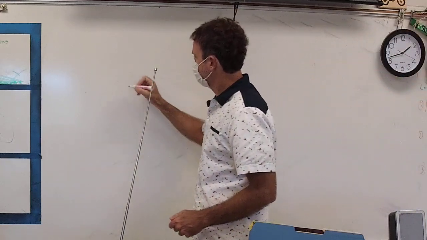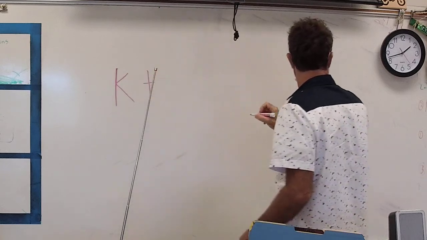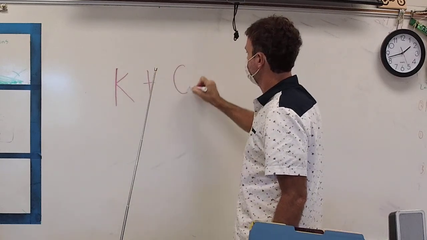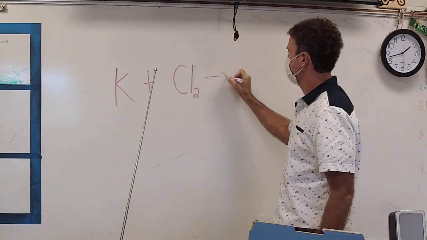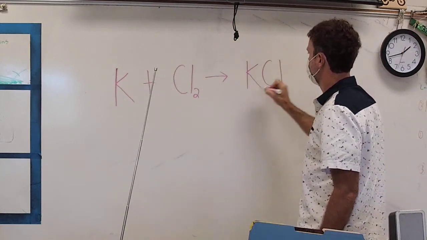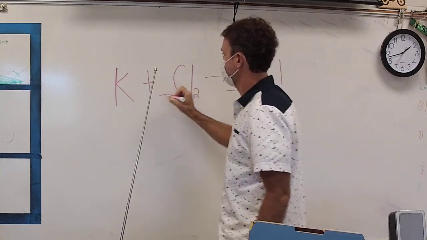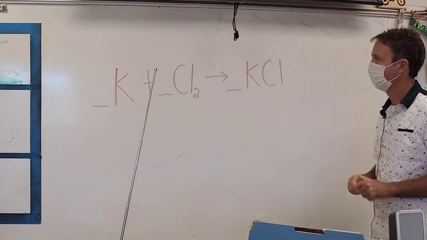How about this? Potassium plus chlorine gas, that's Cl2, makes potassium chloride. Now this is something that would really happen, okay?